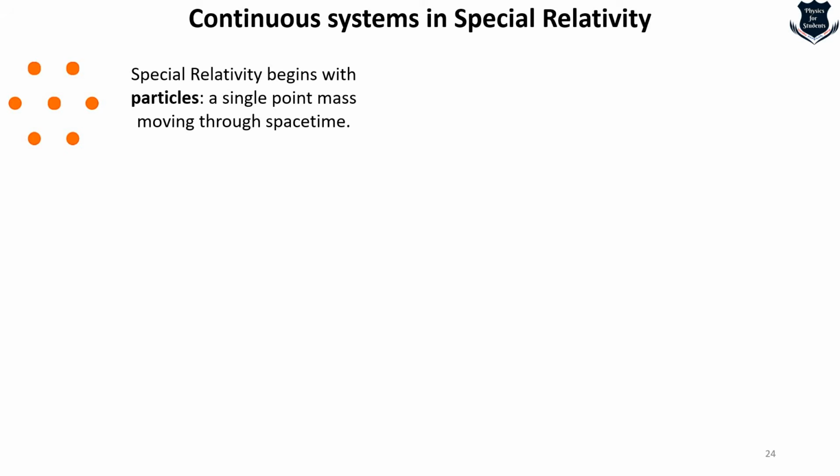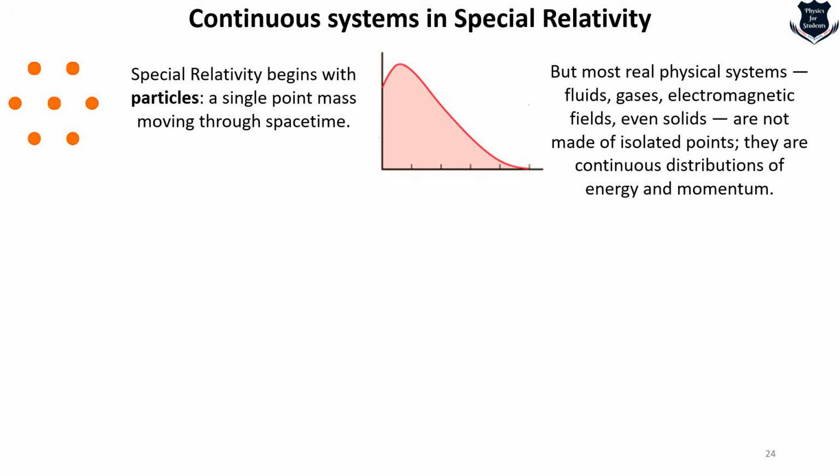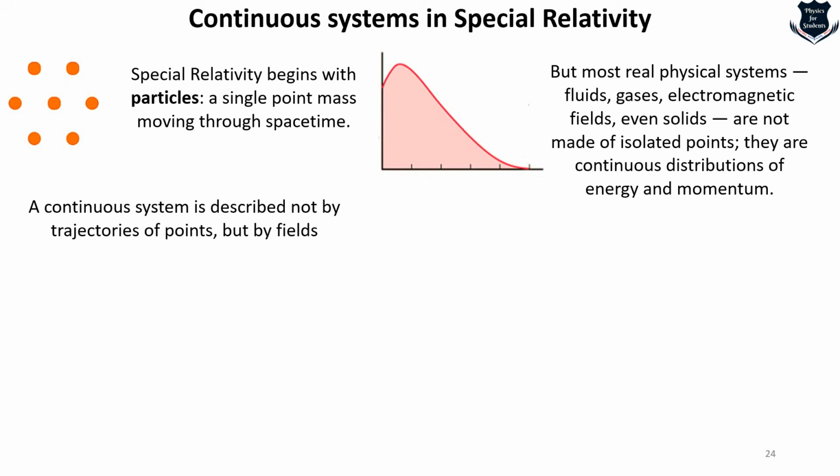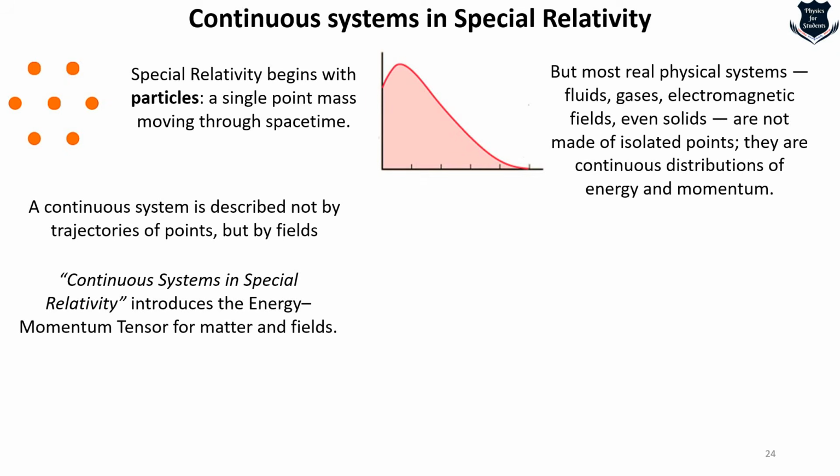But reality is not that easy. In reality, most physical systems, for example fluids, gases, electromagnetic fields, even solids, are not made up of isolated points, but are continuous distributions of energy and momentum. So we need a relativistic description of continuous matter valid everywhere in space-time. A continuous system is described not by trajectories, but by fields.